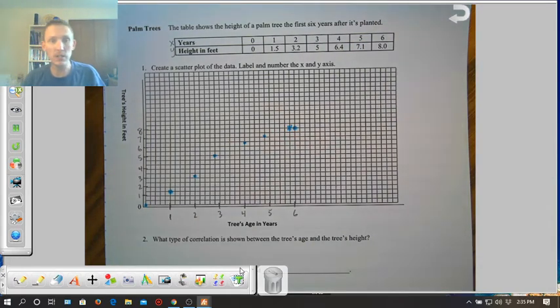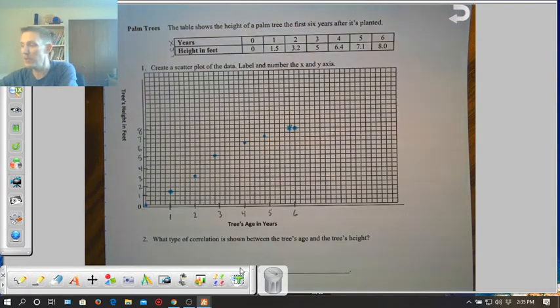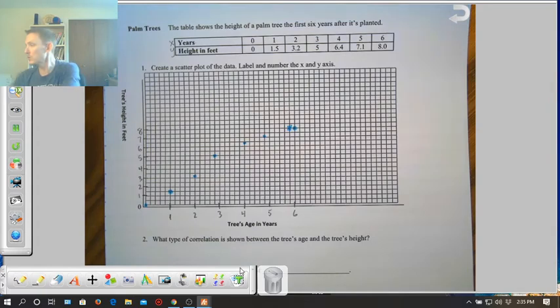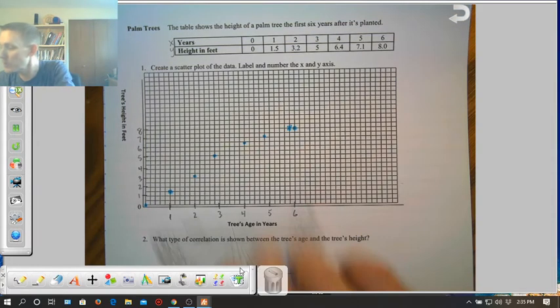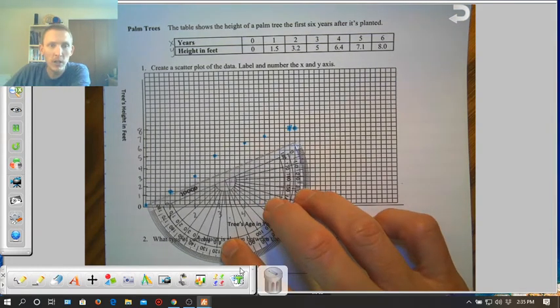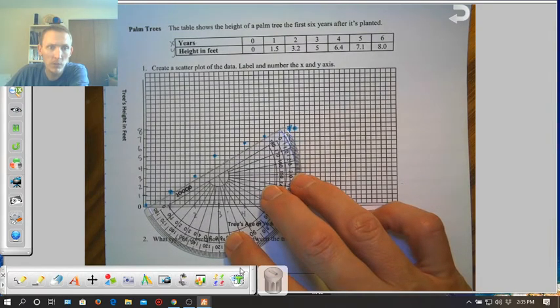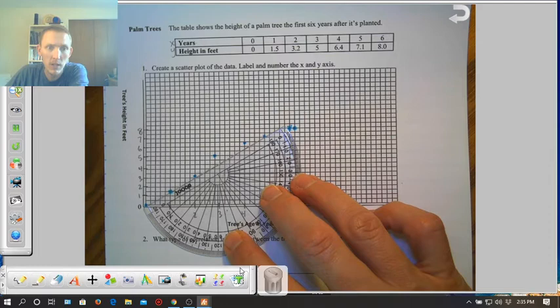So now I'm going to need to create my line of best fit. Remember, we're going to try and balance our points above and below the line as best as possible. So if I start here, actually let's see if I can use my clear one so we can see through things a little bit. If we look here at how we're going to draw it, we're going to want to try and approximate above and below as best we can.